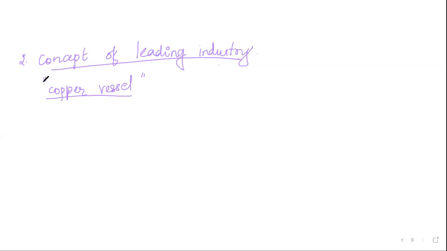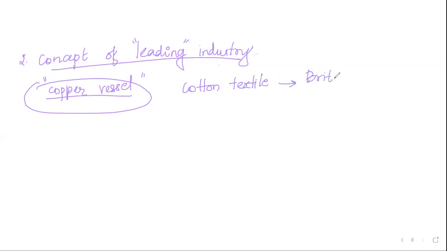So if I choose such an industry, it will not be that good for it to develop as a growth pole. For something to develop as a growth pole, it should be a leading industry. Cotton textile industry is one such leading industry for Britain during the colonial times.